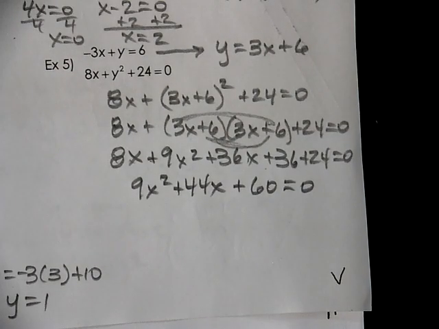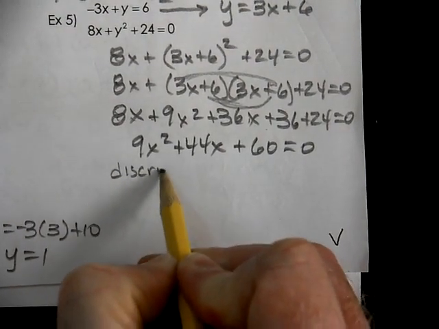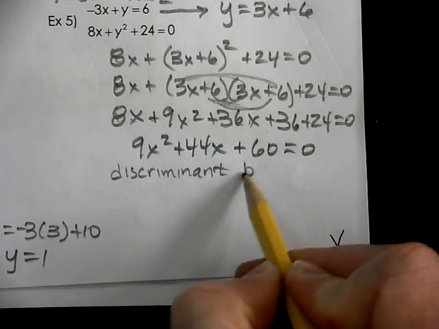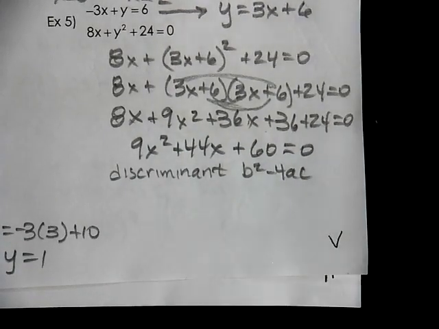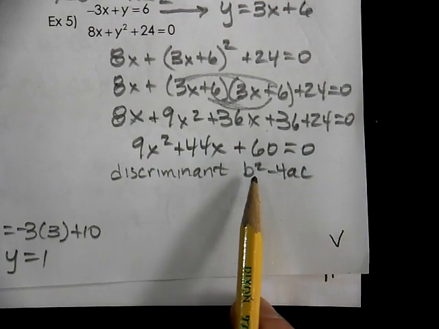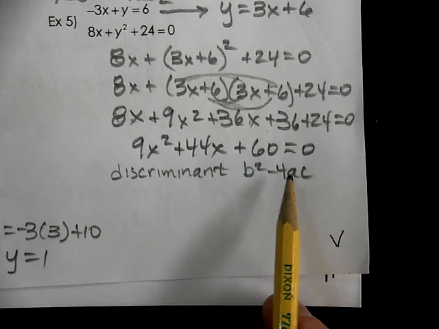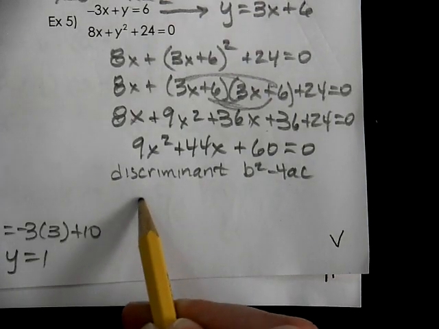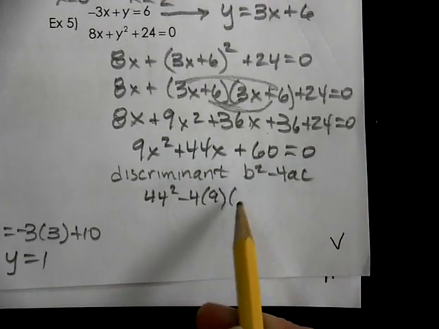There's another way to test to see if it's factorable, is to use the discriminant, b squared minus 4ac. If that is positive, there's two solutions. Negative, there's no real solutions. And 0, there's one real solution. So let's use our discriminant. The b value squared minus 4 times a times c.